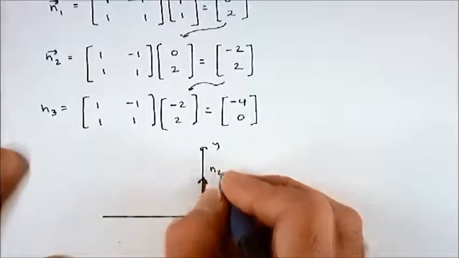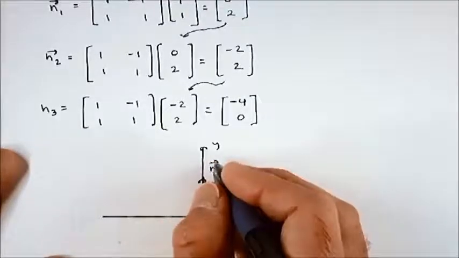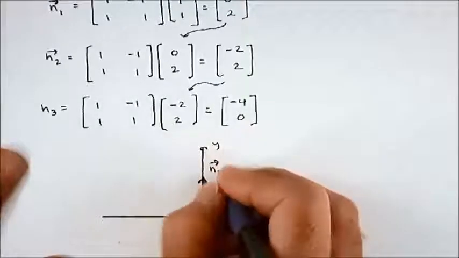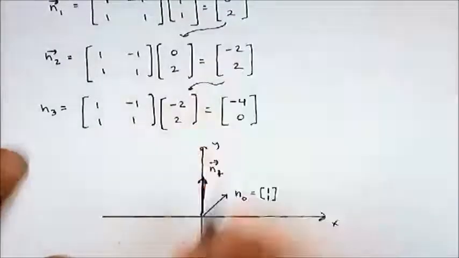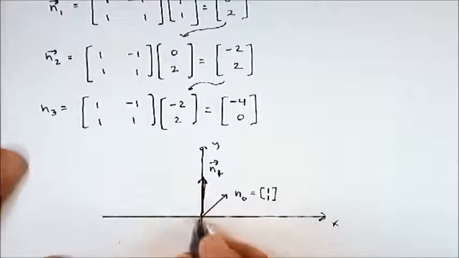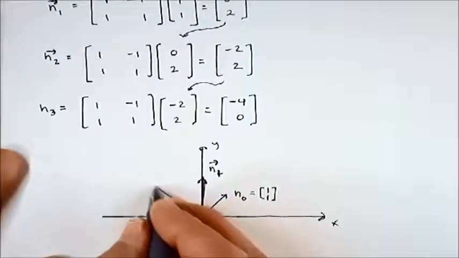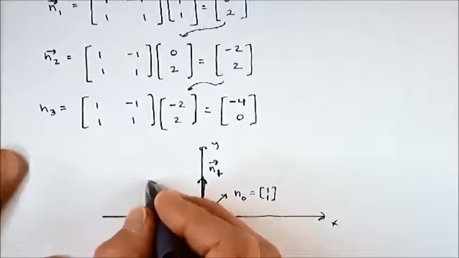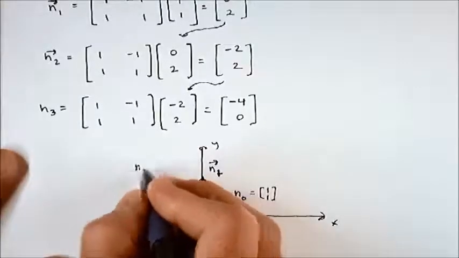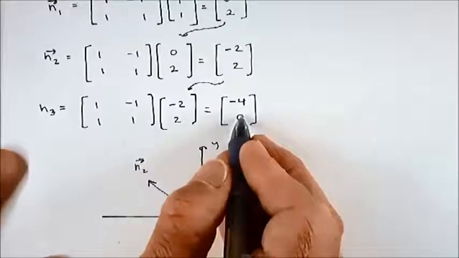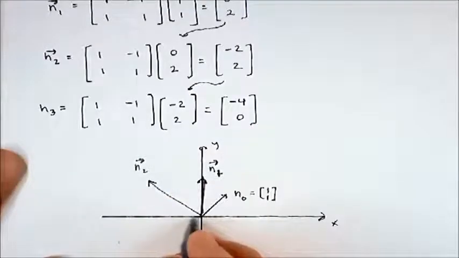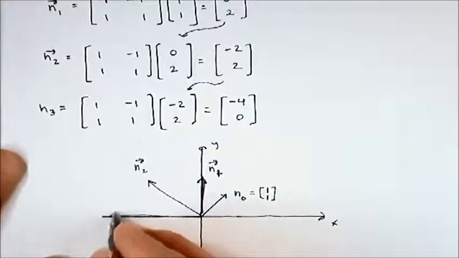So here's n1. n2 is negative 2, positive 2. That's negative 2 units, positive 2. It's a little bit longer than this one. And n3 is negative 4, 0, which is just a vector going in the negative x direction.